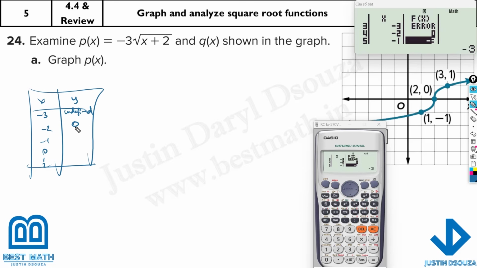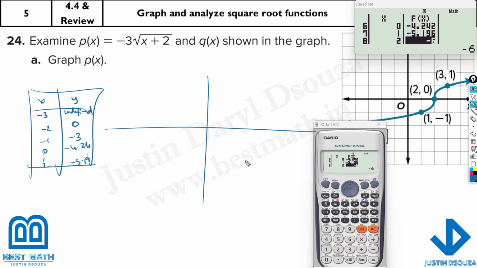But you start with minus 2 as 0, and you can easily see the other points in the calculator. You can see these are the points: minus 4.24, and then minus 5.19. That's enough. Now you will have this grid, isn't it?